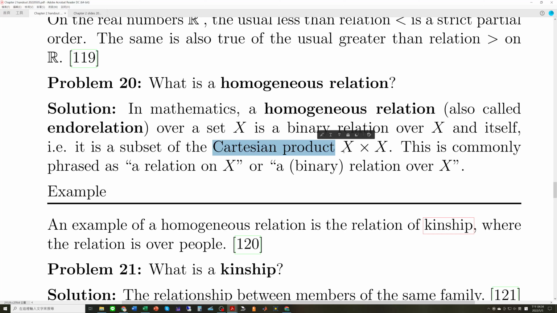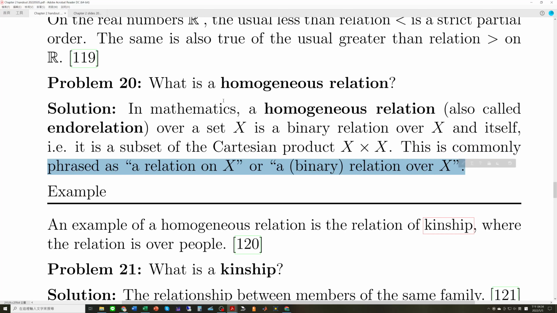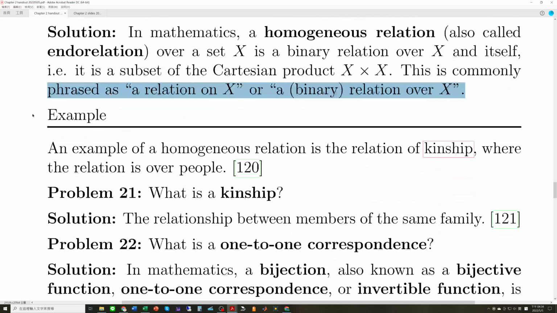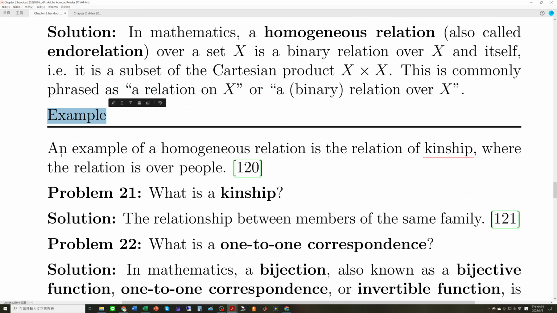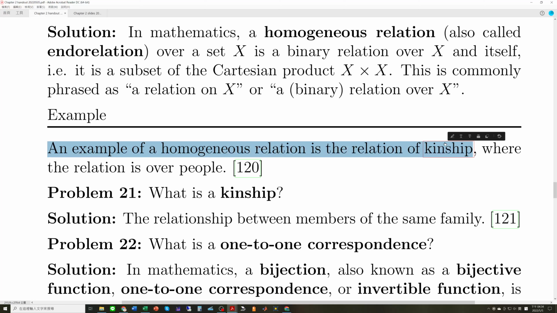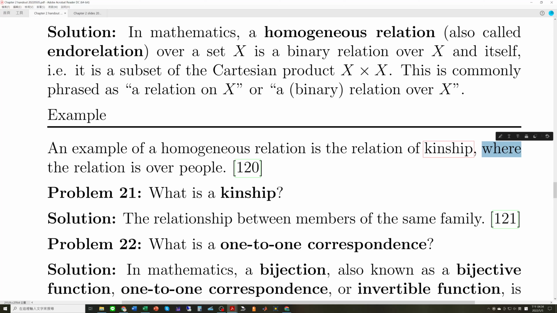This is commonly phrased as a relation on X or a binary relation over X. Let us see an example. An example of a homogeneous relation is the relation of kinship, where the relation is over people. We will explain what kinship is later.